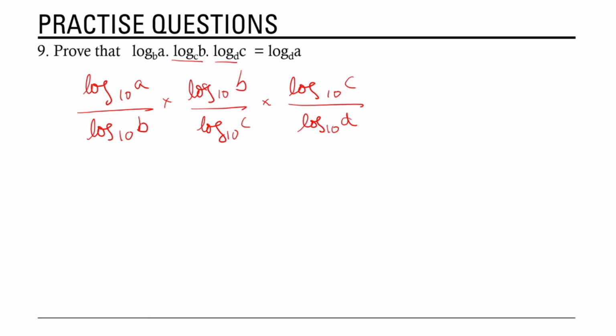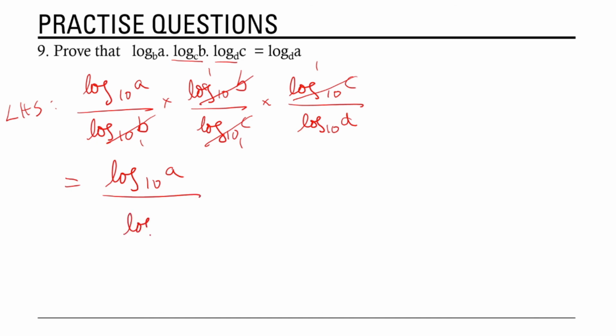So, here my left hand side. This log B to the base 10 and log B to the base 10 cancel, equal to 1. Here log C to the base 10 and log C to the base 10 also give 1. So, we are left with log A to the base 10 divided by log D to the base 10.